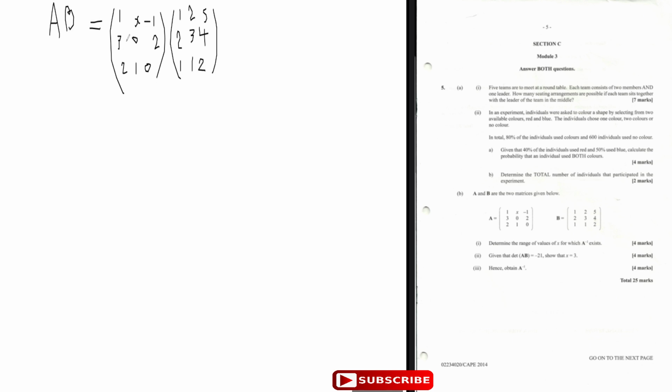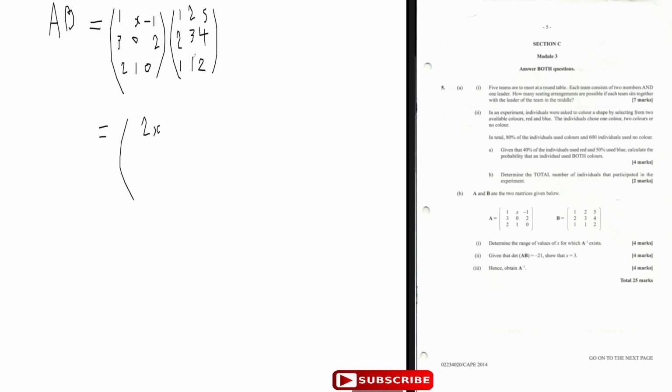So the product of A times B is going to work out to be row times column, row times column. So AB is going to be 1 times 1, which is 1, plus x times 2, plus minus 1. So that just becomes 2x goes here.